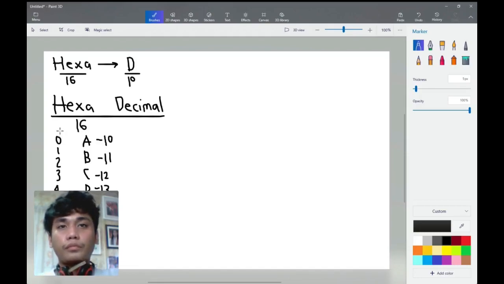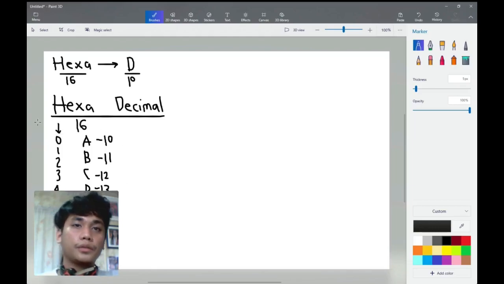So in this number system, we're going to count from 0 to 15. So we have a total of 16 numbers.